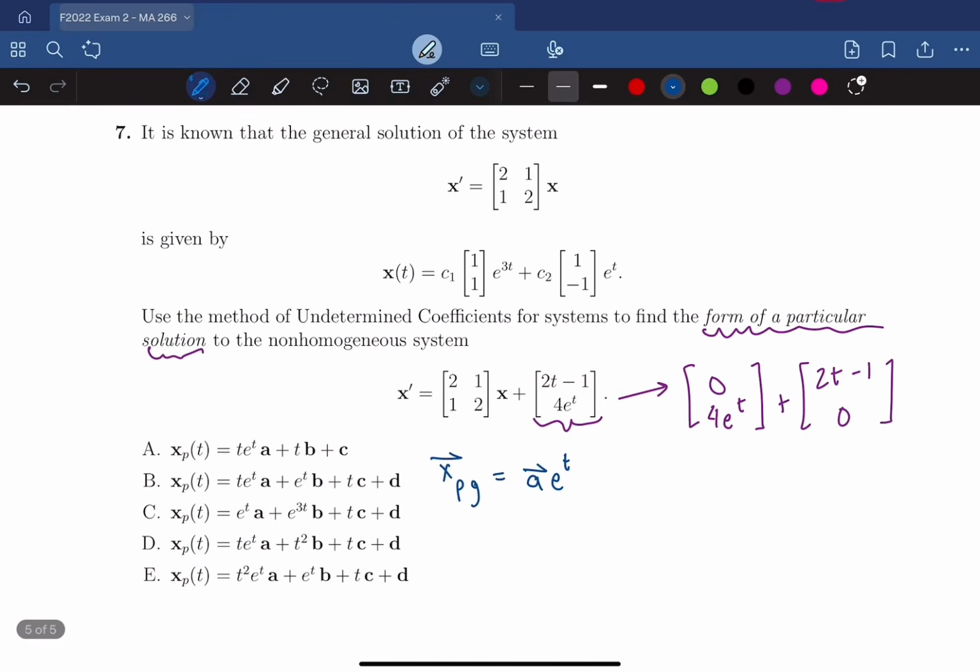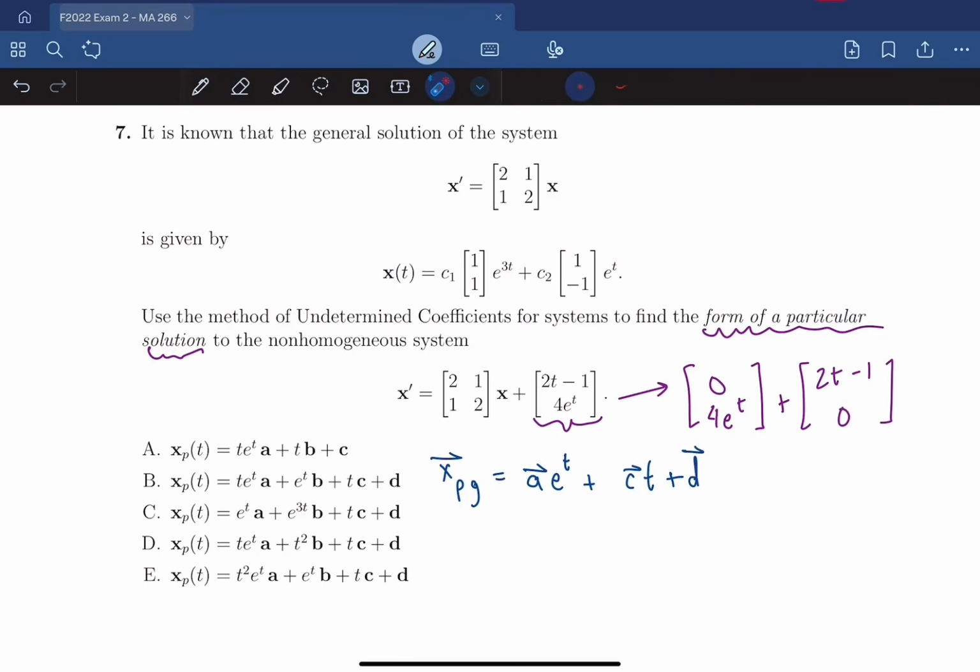Then plus, for the next constant I'm going to use c, not b, and you'll see why in a second. For 2t minus 1, it's going to be ct plus d, because our polynomial is of degree 1, so we match that. So we have ct plus d.